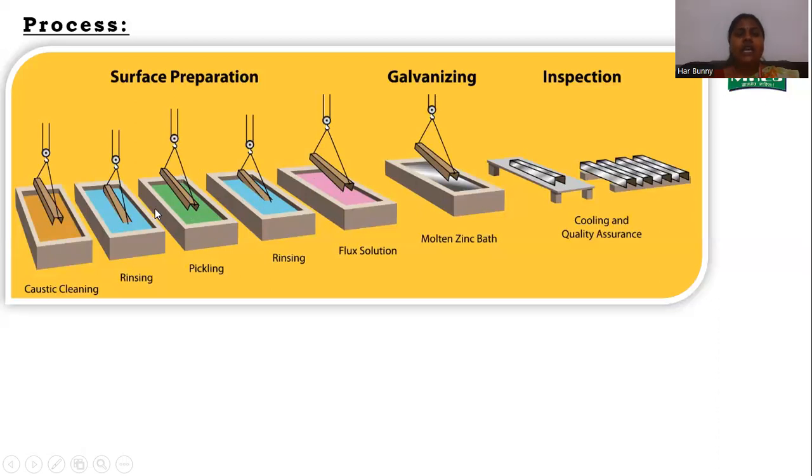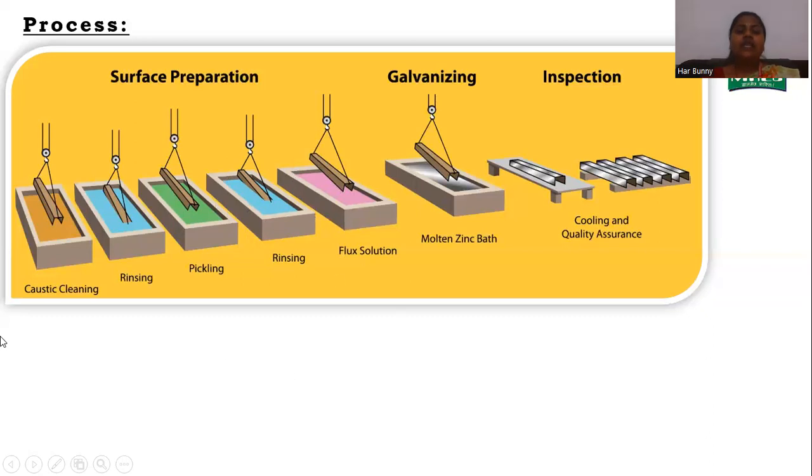After that, again we rinse it with water to remove the excess HCl or H2SO4 present on the surface of the metal. So that is why we rinse the metal surface using water, to remove the excess pickling solution.